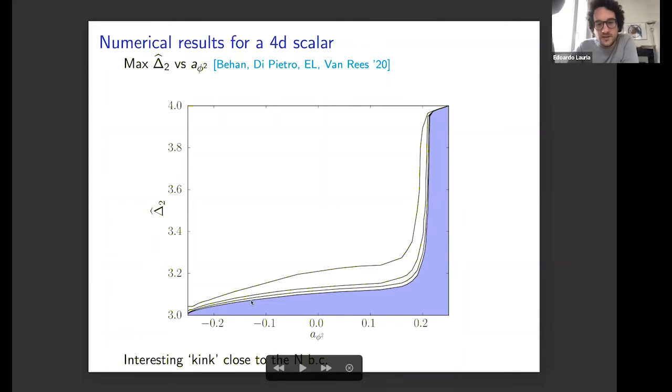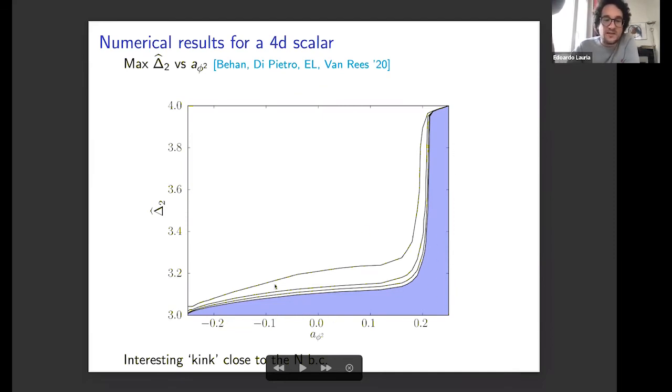And so you find that this space is highly constrained. In this white region, you cannot have any conformal boundary condition. This white region is a region of disallowed values for delta 2. So the space of conformal boundary conditions can only be at most in this blue region here.